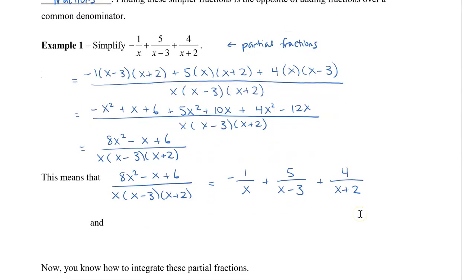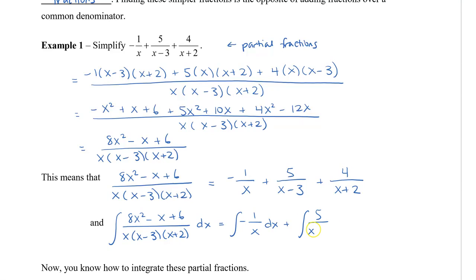That means that if I integrate the left side with respect to x, it is the same as integrating the right side. And I can integrate each of these terms separately, or each of these partial fractions separately.